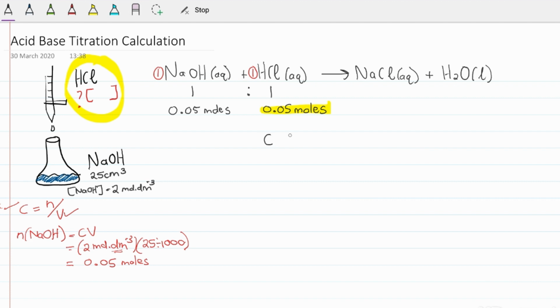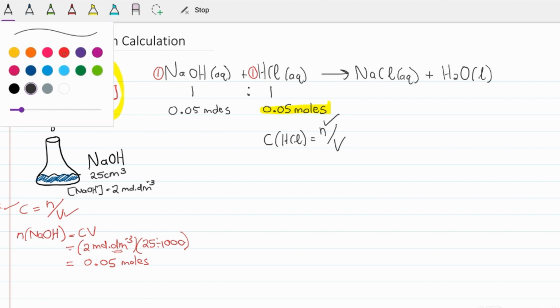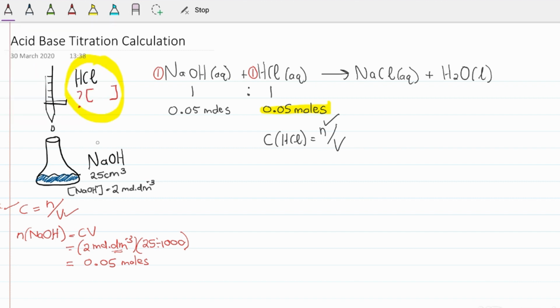The concentration of your hydrochloric acid is the moles divided by the volume. You have the moles, and do you have the volume? Yes, you do. Remember, that's the volume that we required to neutralize your sodium hydroxide, and that was 31.50 cubic centimeters.